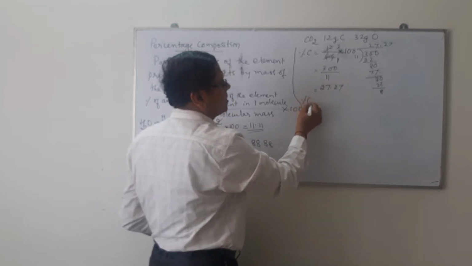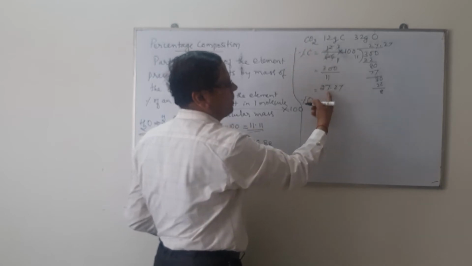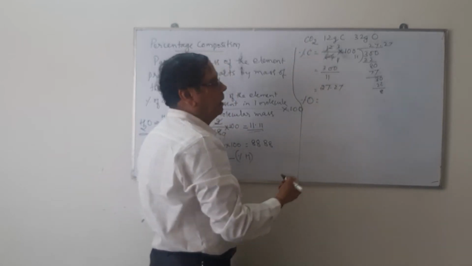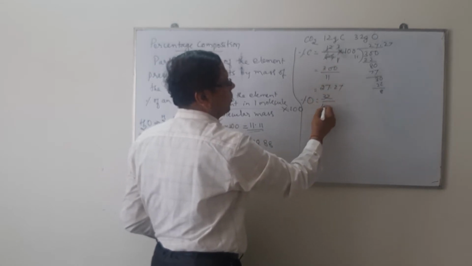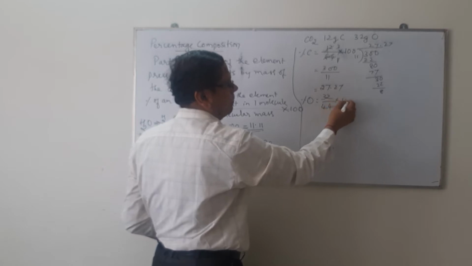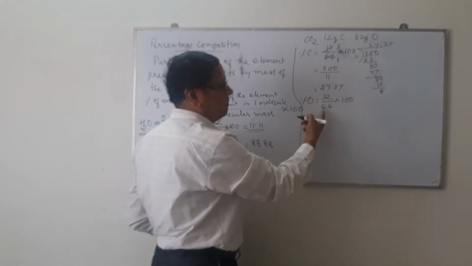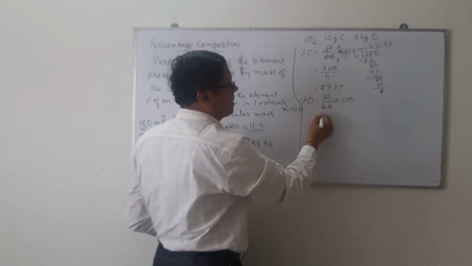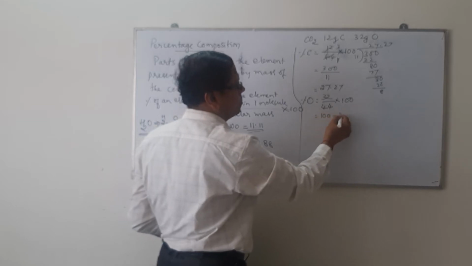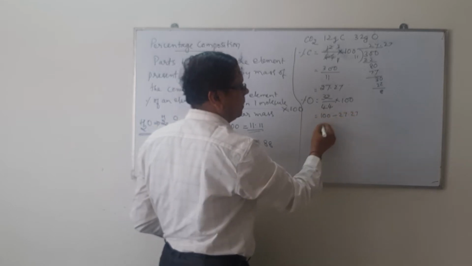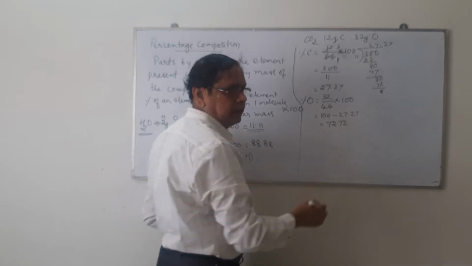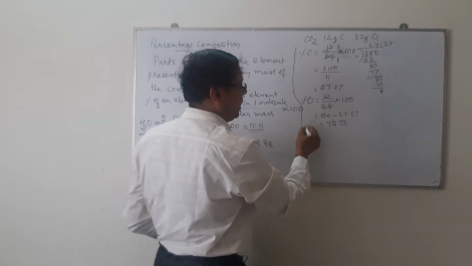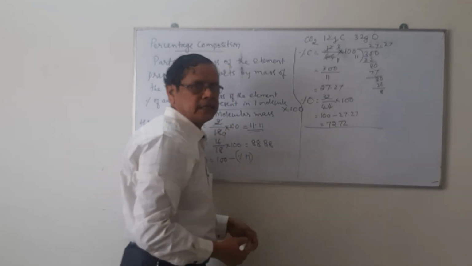Similarly, the percentage of oxygen is 100 minus 27.27, or we can write 32 grams of oxygen divided by 44 times 100. Either way, it is 72.72. Like that we can express the percentages of various elements.